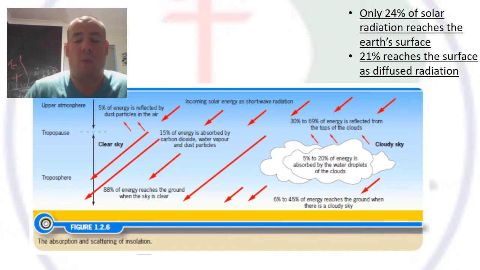So the way it gets diffused is coming in contact with clouds or dust in the atmosphere. So the amount of actual radiation we get from the sun is quite small, and that's another reason why the atmosphere is so important and why it has such an important function to life on Earth.